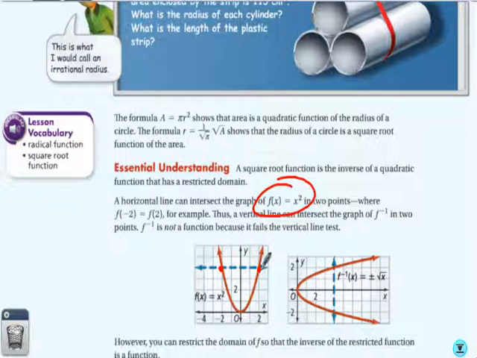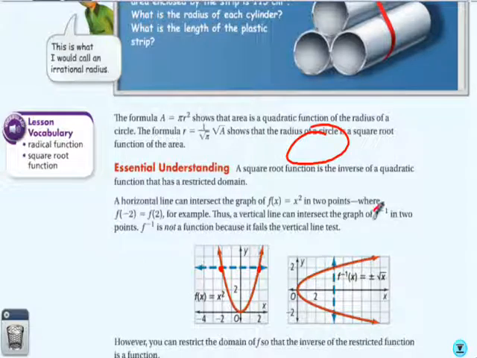Thus, a vertical line can intersect the graph. So what we have here is a vertical line intersecting the inverse. This right here just means the inverse of this f of x, okay? Because a horizontal line is going to intersect this one at 2 spots, a vertical line is going to intersect the inverse at 2 spots, all right?